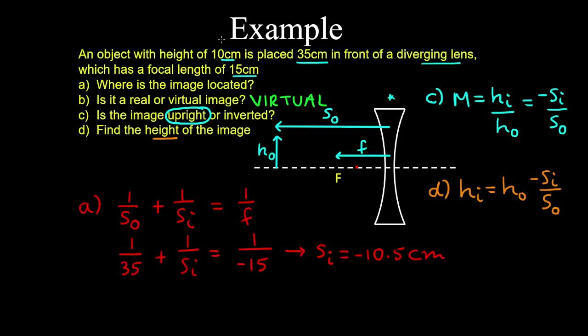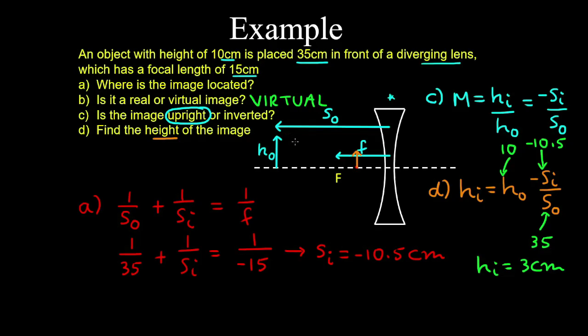So given the height of the object is 10 centimeters, and the distance to the image we determined from part A as minus 10.5 centimeters, and the distance to the object is given in the problem, then we can determine the height of the image, which is 3 centimeters. So therefore, the image looks something like this.